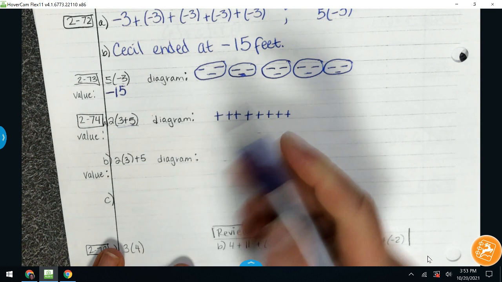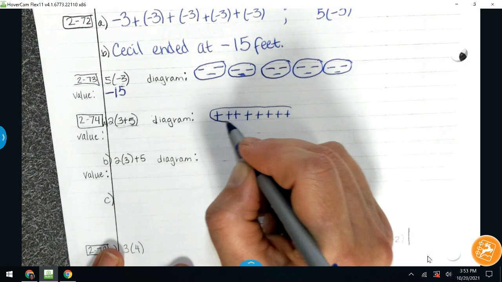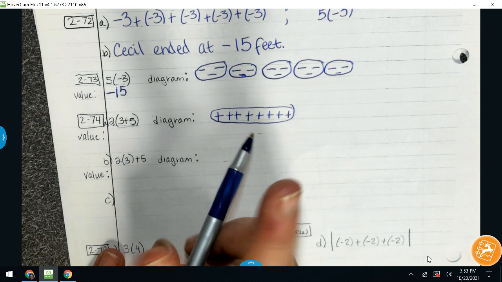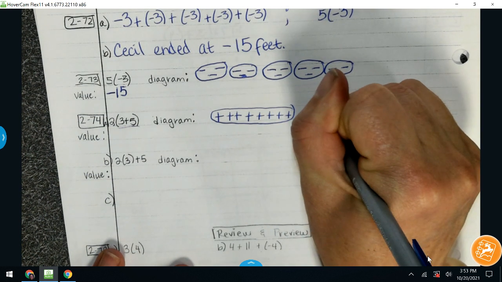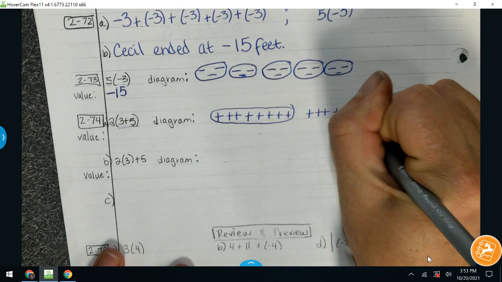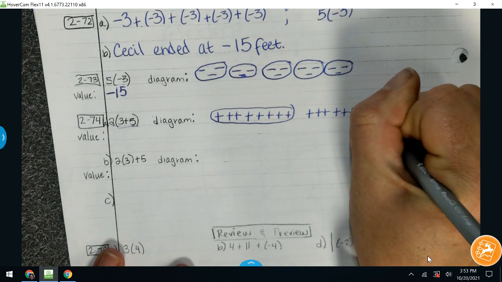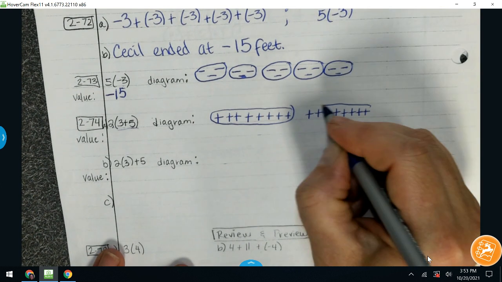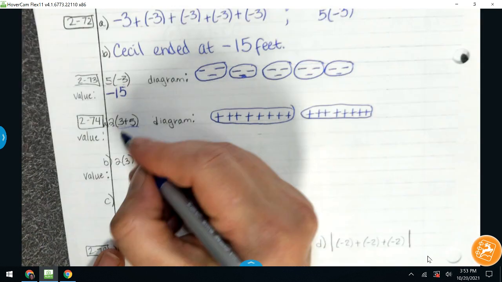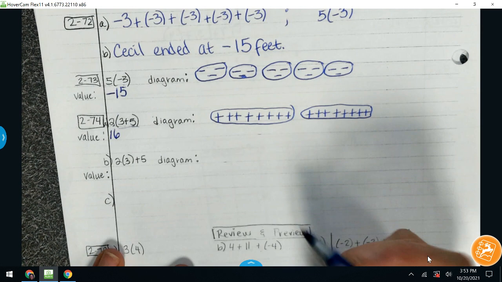And it says that this is my one group. Right here, this tells me I need to have 2 groups. So I have my 3 integer tiles plus my 5 integer tiles. And it should show me what the total value is. And in this case, this is going to be 16.